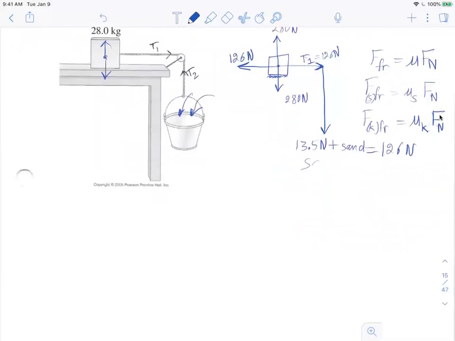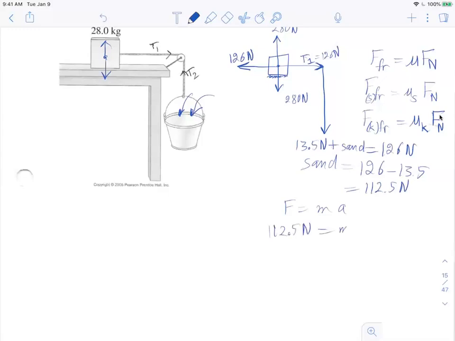So how much weight could the sand have had? 126 minus 13.5. So the sand could have weighed 126 minus 13.5. That's 112.5 newtons. And if you divide by 10 meters per second squared, because you're going back to the math, force equals mass times acceleration. The force of the sand is 112.5 newtons.